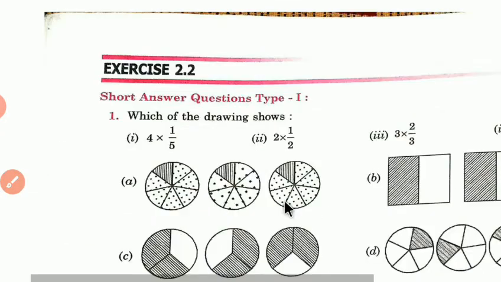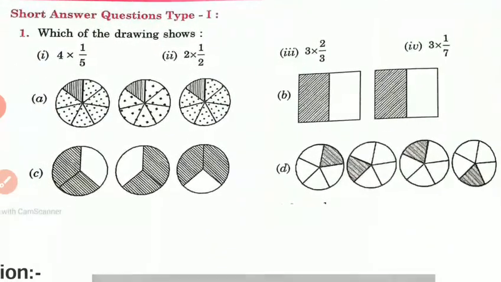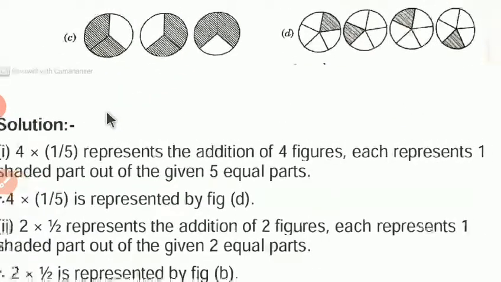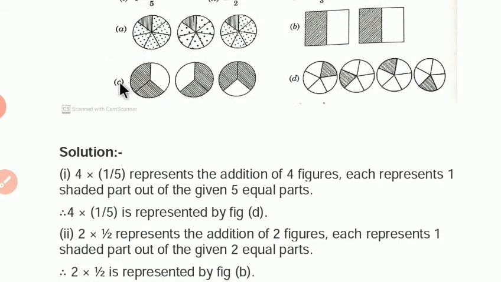Now we'll start our exercise 2.2. Which of the following drawings shows 4 into 1/5, 2 into 1/2, 3 into 2/3 and 3 into 1/7. After these figures we have to find the answer. So first we'll find the answer of the first figure. Here you can see how many total parts.